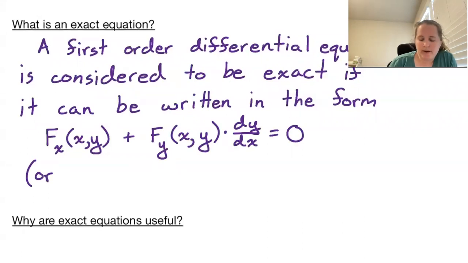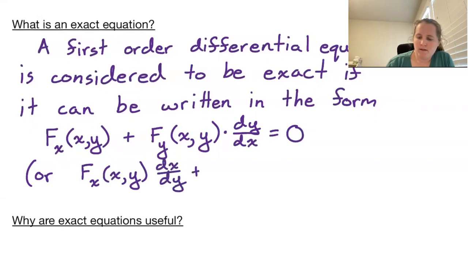Actually, we can see this. The top format is essentially the product rule with respect to x for multivariable calculus. We could also do the product rule with respect to y. So we have the partial with respect to x of the function capital F times dx/dy, plus the partial with respect to y of capital F evaluated at (x,y), and that's equal to 0.